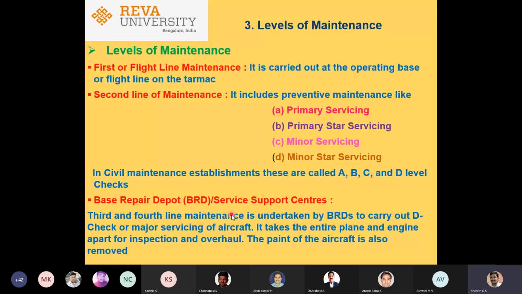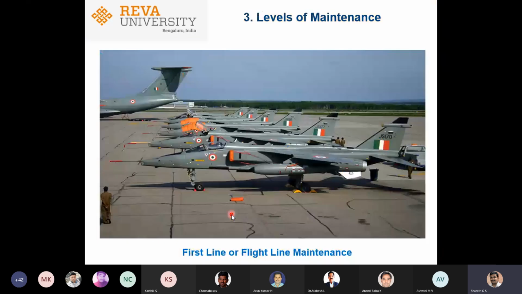If you see in this image over here, there are some fighter aircraft parked on the tarmac, and these aircraft are in serviceable condition and they are ready to fly.